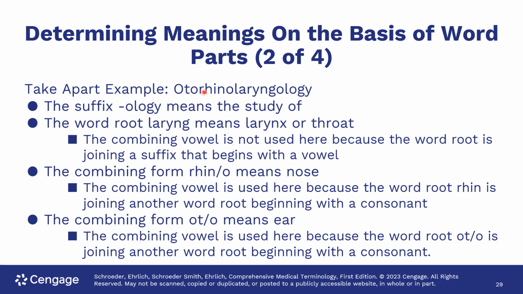Rhin begins with a consonant. So do you need a combining form here, a vowel? Yes, you do. The combining vowel is used here because the word root ot is joining another word root beginning with a consonant. So what does this mean? It means the study of the ears, the nose, and the throat. So ears, nose, throat, ENT doctor, or ENT, right?